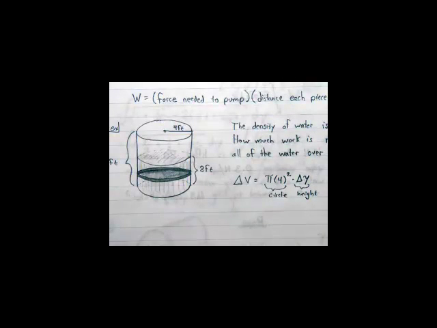So, pulling that all together, delta V is 16 pi delta y feet cubed, because that's a volume, right? Okay, so in this one we're using a cylinder. You might have something that's shaped like a square or whatever. So you have to think about that cross-section.